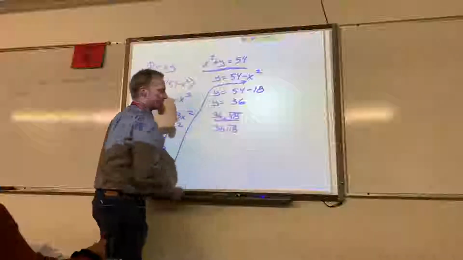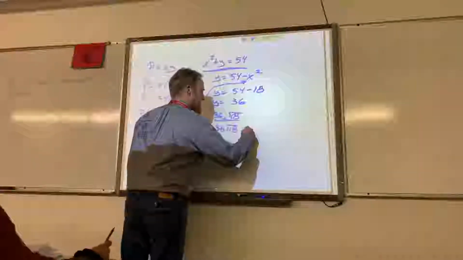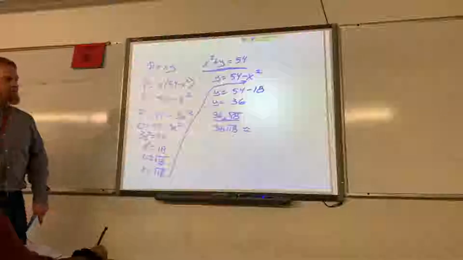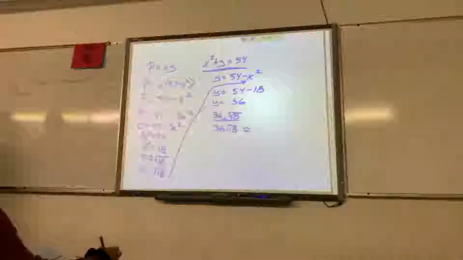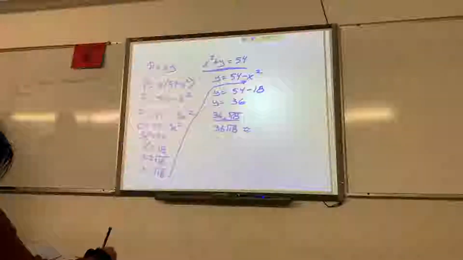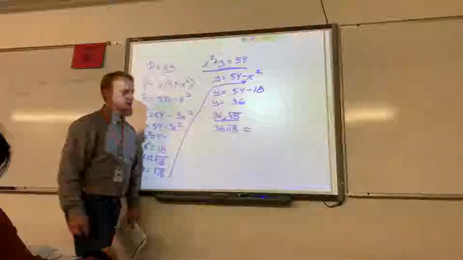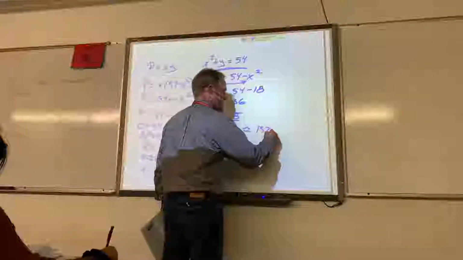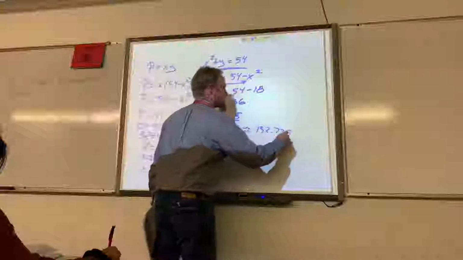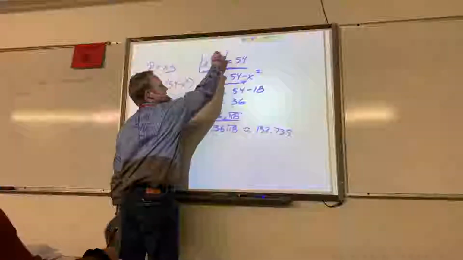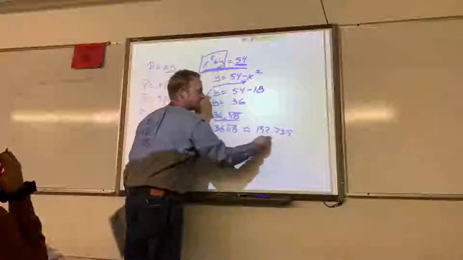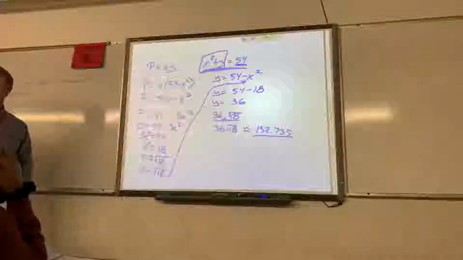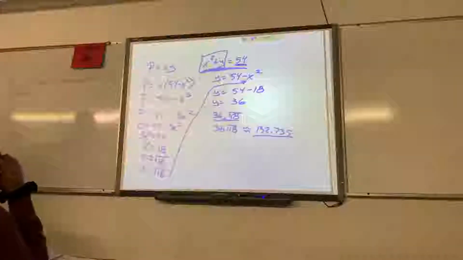Somebody that has a calculator, tell me what that is approximately. 36 times the square root of 18 is 152.735. So there are no two other numbers where this happens and they equal 54 that when I multiply them together will go any higher than that right there. That's what we found. Okay?